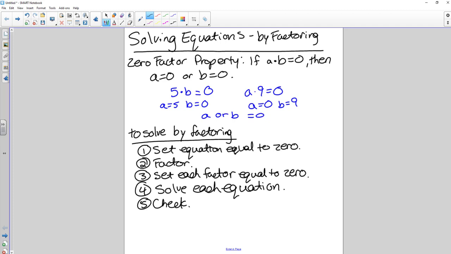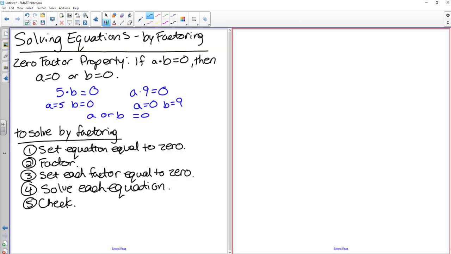So let's keep that up while we do an example. Let's say we're asked to solve the equation x squared plus 6x equals 16.